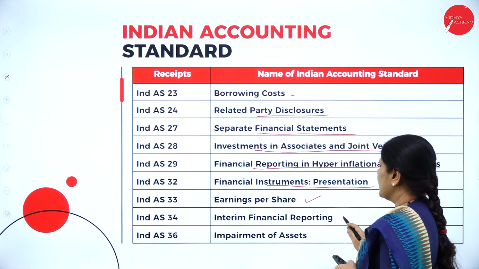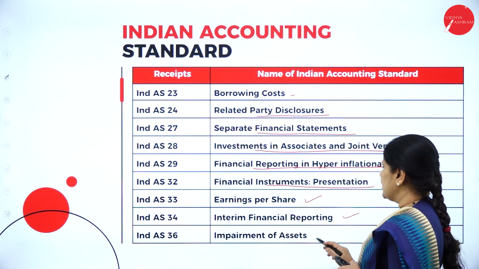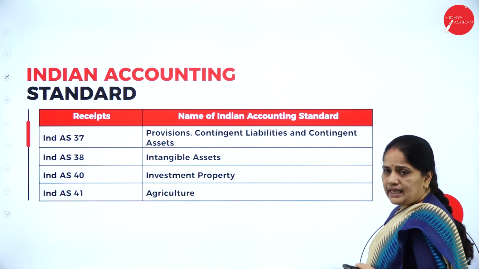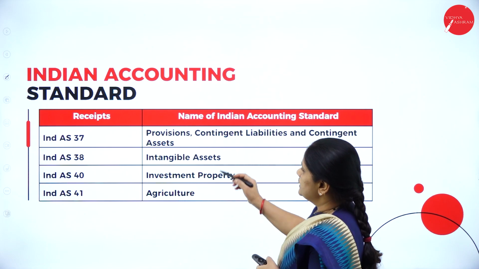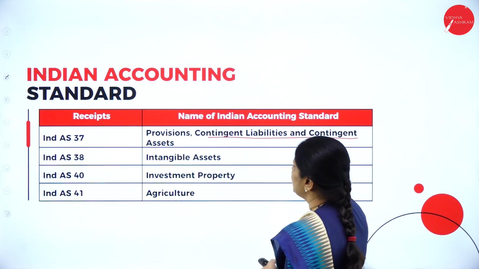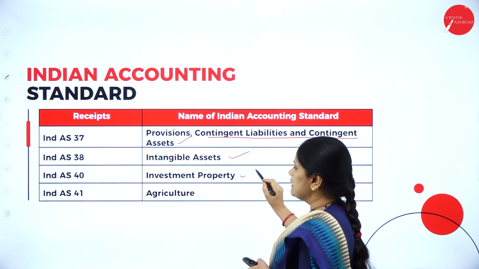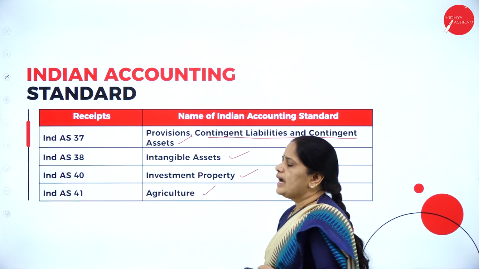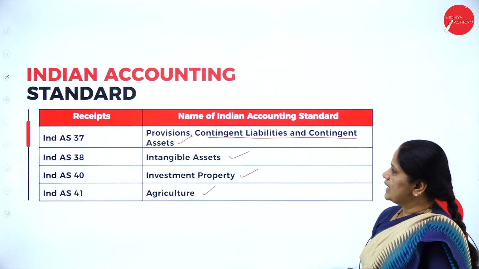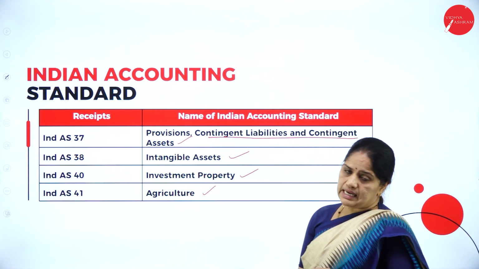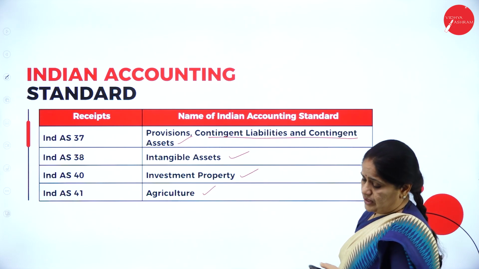Earnings per share. Interim financial reporting. Impairment of assets. And then in 38 we have the provisions, contingent liabilities and contingent assets, intangible assets, investment property and agriculture related accounting standards. So these are the list of Indian accounting standards which we have found here.